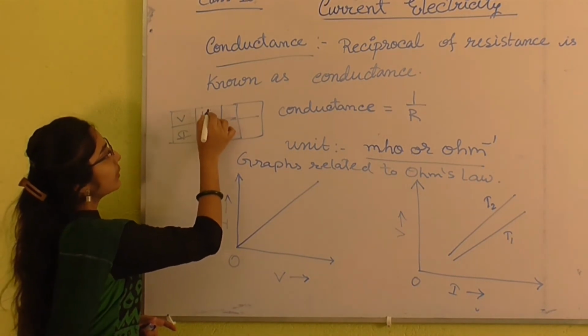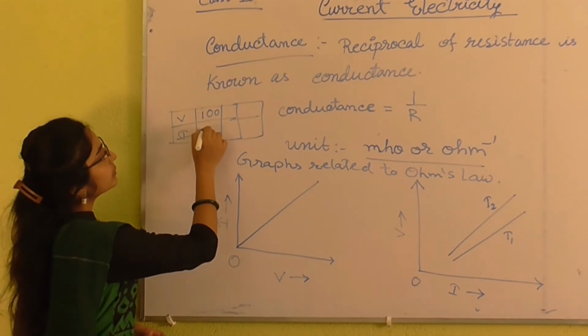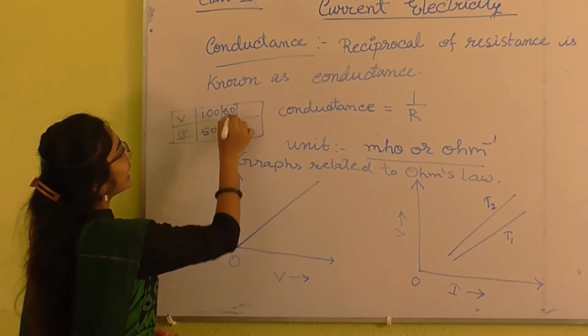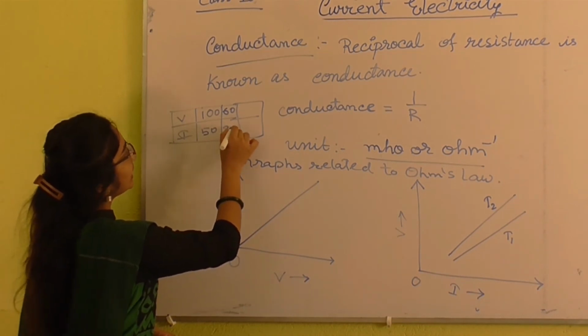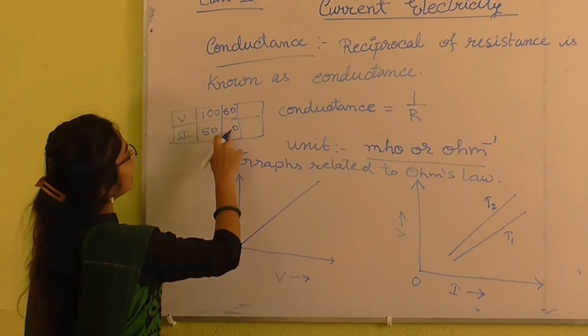Suppose when V is 100, I is 50. When V is 60, I is 20, so this must be half, so I is 30.